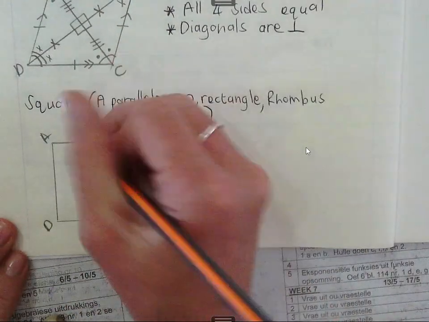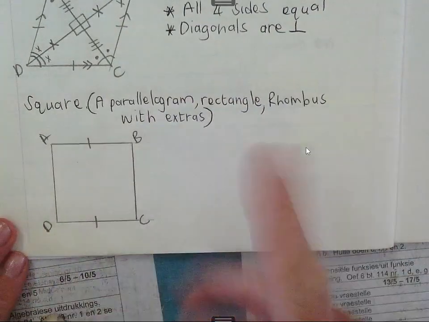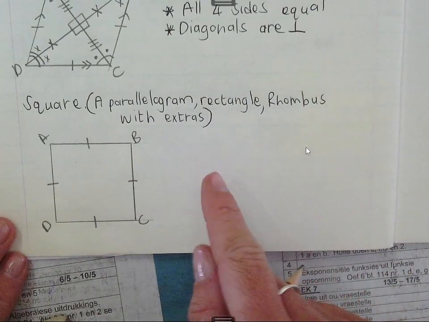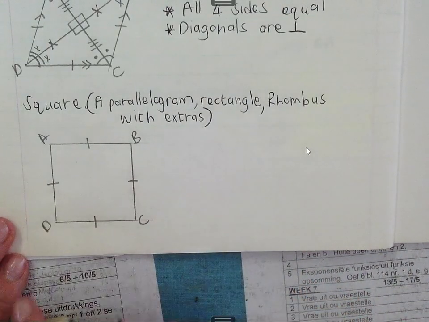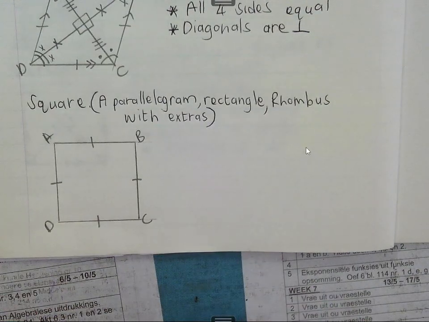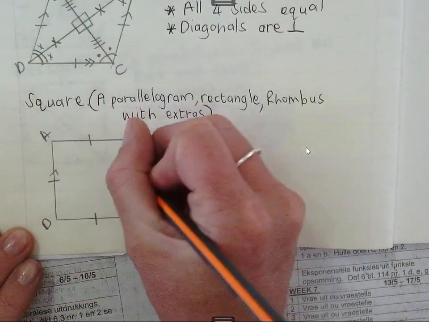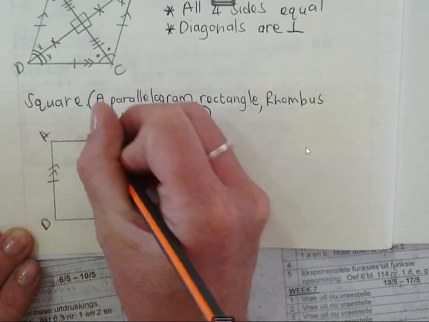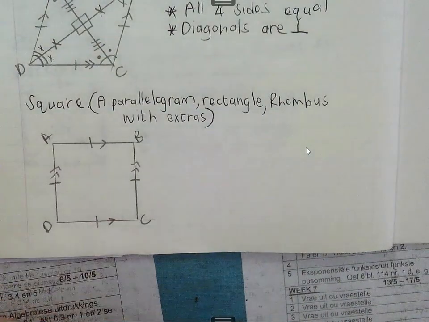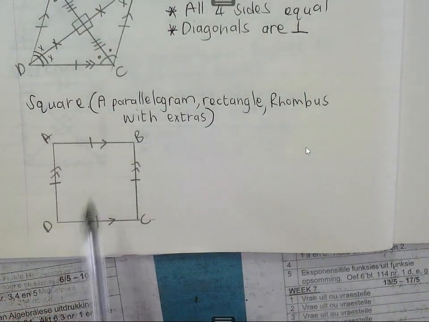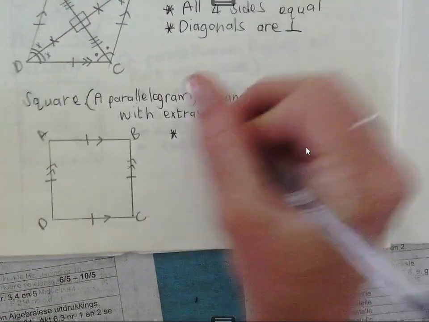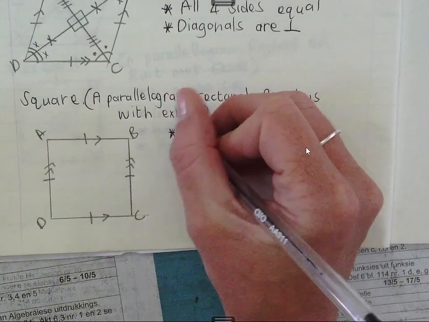And because this is a parallelogram, I know that it's got two pairs of opposite sides equal, but it's also a rhombus. So it's got all four sides equal to each other. It's got two pairs of opposite sides parallel. So what is the special thing here in comparison with the parallelogram? It's all four sides equal to each other.